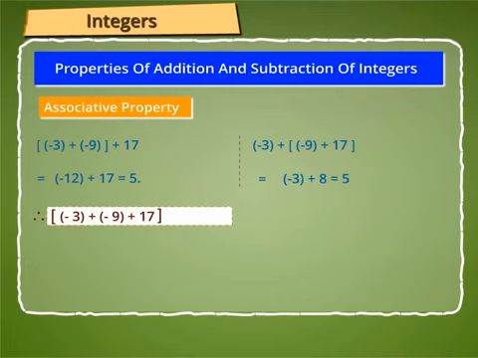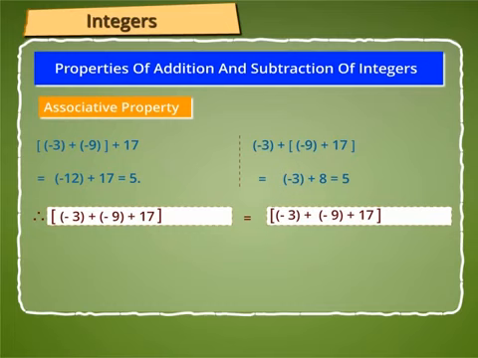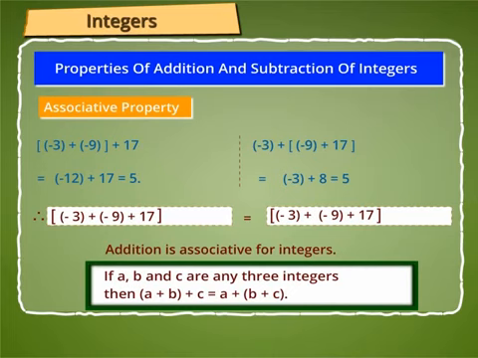Therefore, minus 3 plus (minus 9 plus 17) is equal to (minus 3 plus minus 9) plus 17. Thus, addition is associative for integers. Hence, if a, b and c are any three integers, then a plus (b plus c) is equal to (a plus b) plus c.